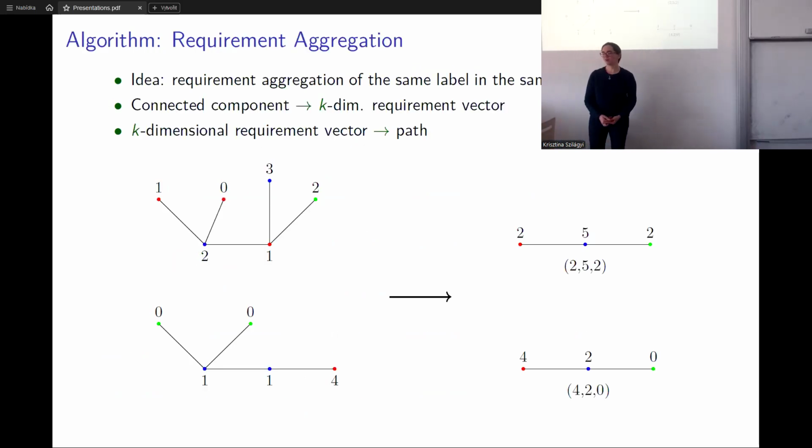So what is the idea of our algorithm? Well, the first thing that we notice is that if we have some sort of partial solution, and we are somewhere in our NLC decomposition, each vertex has some label, so the labels correspond to colors of the vertices, and these numbers are how much degree we still need to add to it.